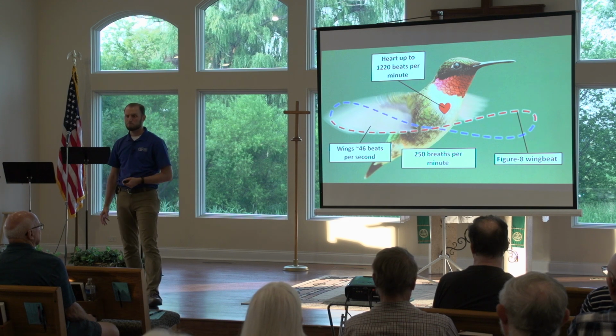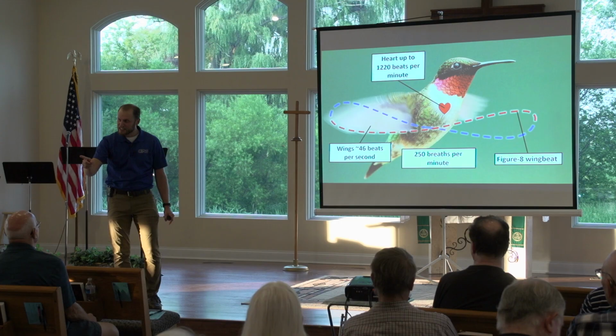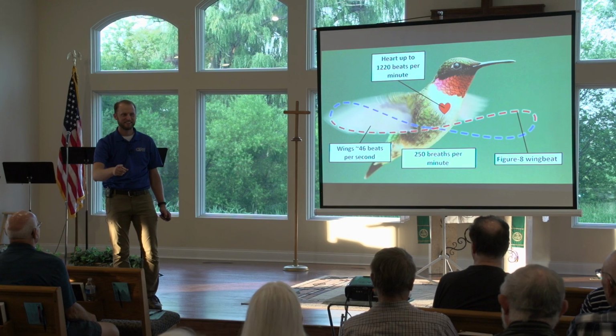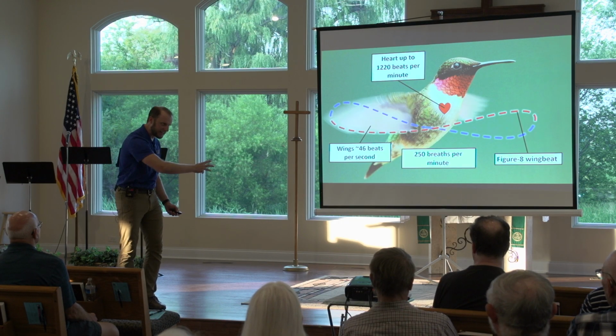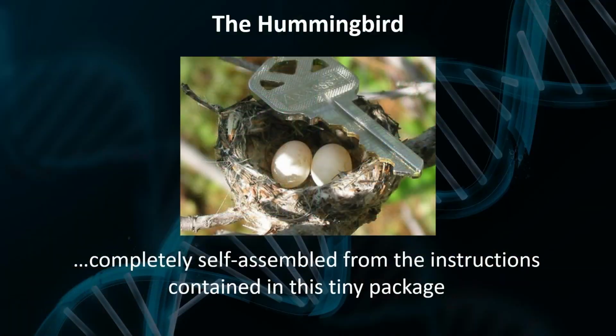This is an absolute marvel of engineering. But you know what I think is the most incredible thing? This entire machine is completely self-assembled from the instructions contained in this tiny package, the hummingbird egg, that single first cell.